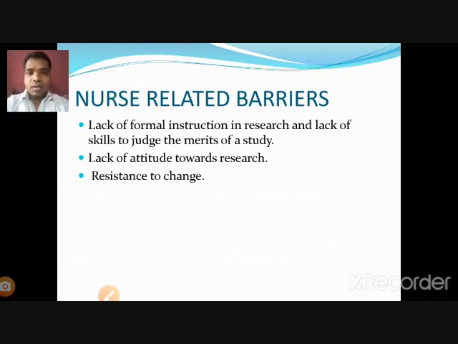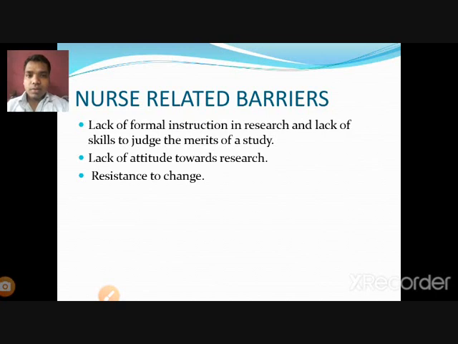Next we see nurse related barriers. Lack of journal information or lack of instruction in research, and lack of skills to judge the merit of a study. Lack of attitude towards research, resistance to change. If the nurse does not have formal instruction or the proper knowledge or skills to create a study or research, it will be a barrier.